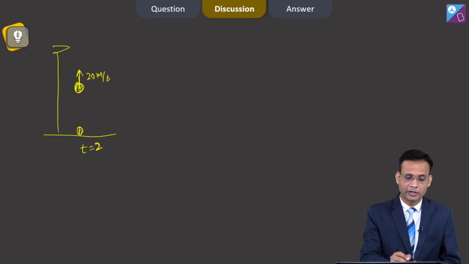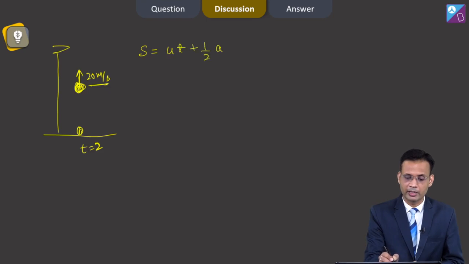So, the displacement of this lighter fragment in 2 seconds can be easily calculated with the help of kinematics equation, that is s equals ut plus half at square, and if we substitute the values here, u is 20, t is 2, minus half, acceleration is 10, 2 square.